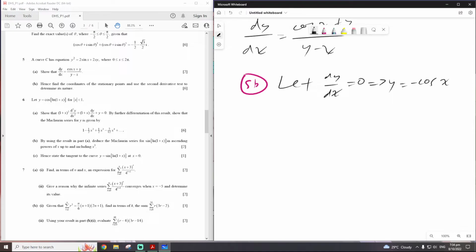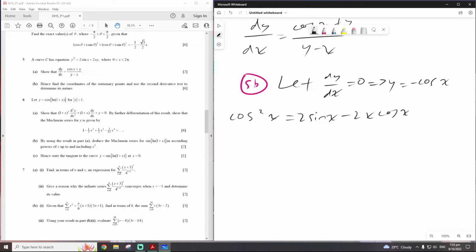But we don't have any numbers, so how are we supposed to get this to be true? Well, we just literally sub y equals negative cosine x into the equation of the curve. So what I will get is cosine squared x equals 2 sine x minus 2x cosine x, right? And we're just supposed to solve for the values for which this is true.